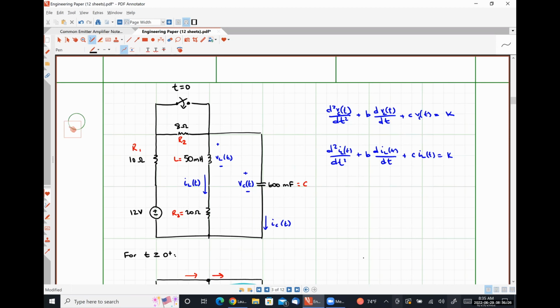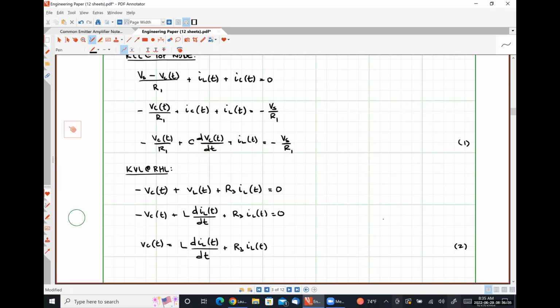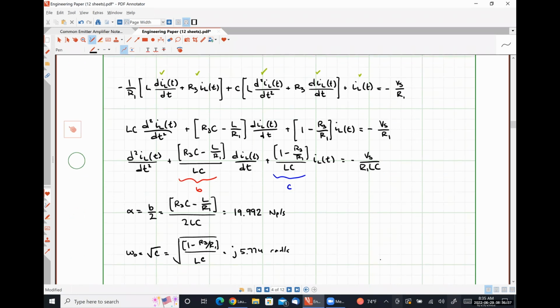So let's adapt this just very, very slightly. And let's change R3 from 20 ohms to 5 ohms. Okay. All that's going to do is make omega naught be a positive number, and it's also going to change the value of alpha, but it's not going to have any other effect on any of the math that we've done to this point.